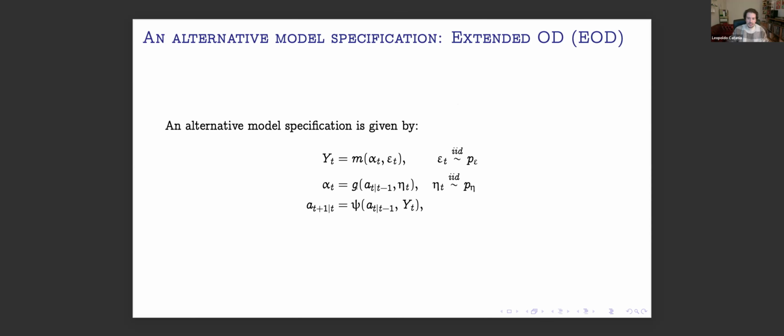That's because if we condition on all past y, I'm skipping a lot of regularity conditions that will be reported later, of course, then a t given t minus 1 is known, eta is known, g is a known function, and so we obtain the distribution of alpha t given all past y immediately. This is what we would call the state predictive density in a parameter-driven representation.